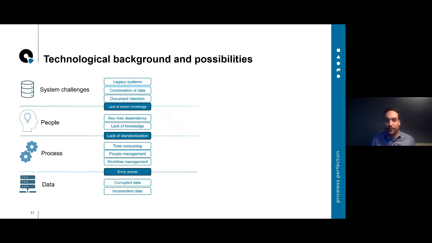And the chance of errors brings us to the data challenge, which keeps getting more important because you need to have the complete data. The data needs to be consistent, and yeah, you don't want any errors in your data. So yeah, these are basically the 4 challenges which we identify in a typical process. And in the next sheet, we will show you the typical process.